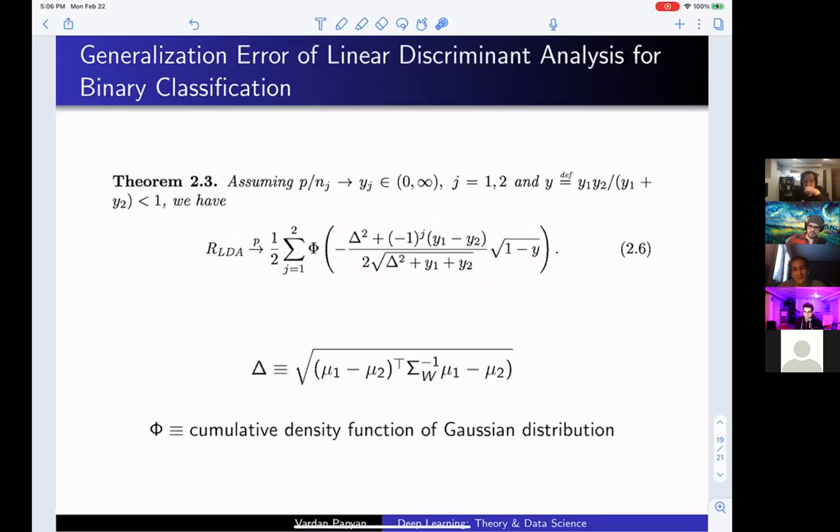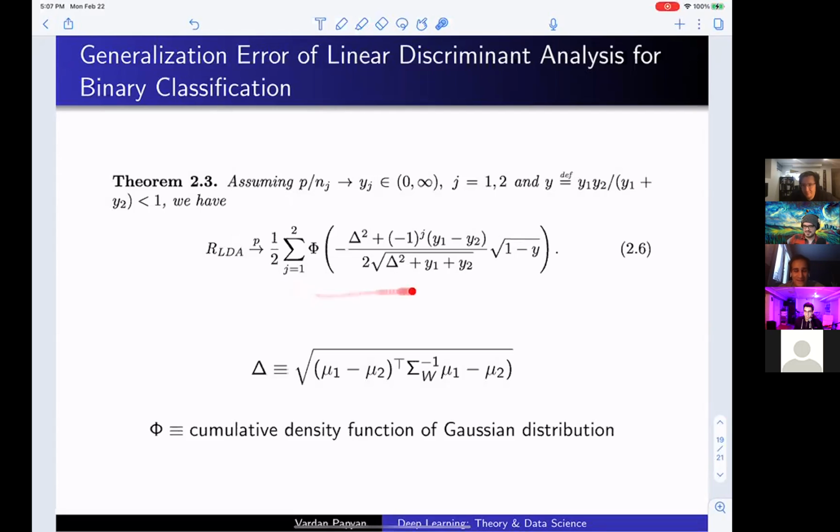A quantity that you've now realized is the most important quantity when analyzing linear discriminant analysis. A quantity that can be characterized by a single letter in the Greek alphabet. Yeah, it is the signal to noise ratio.